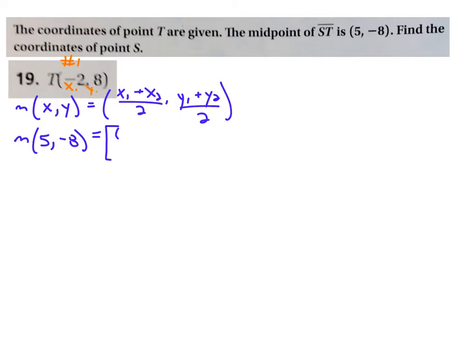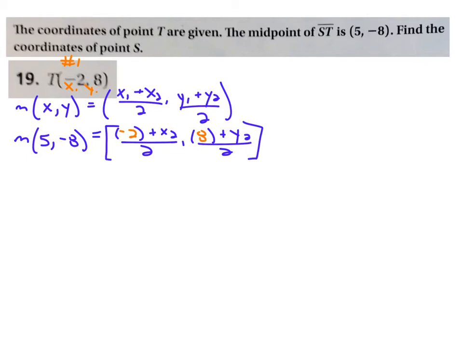So that's x1 and y1. So then we can substitute in x1 with -2 plus x2 over 2, comma, we can sub in y1 with what it's equal to, 8, plus y2 over 2.